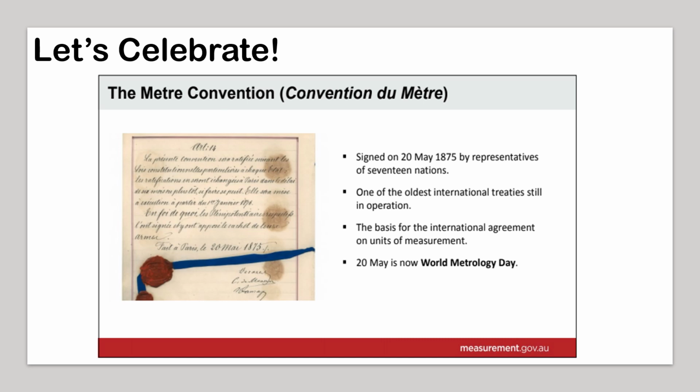Of course, even now going into space, all those agreements based on how long a meter is go backwards in terms of millimeters, centimeters, decimeters, nanometers, etc., and then right out into kilometers and light years, all based around that 20th of May. So when it comes up, let's have a party in our maths tutes.